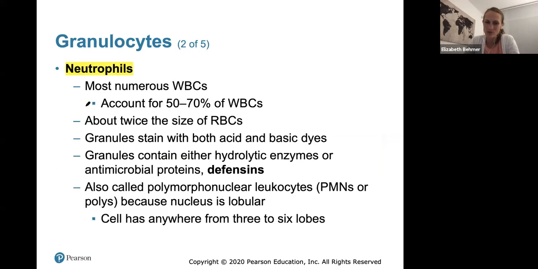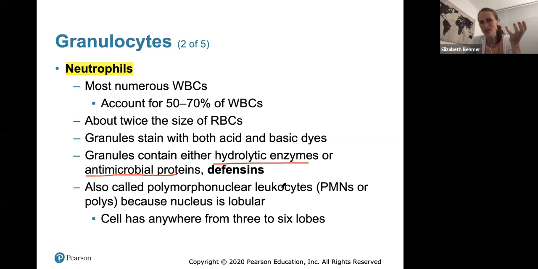So, get out your flashcard. Neutrophil, most numerous white blood cell. You should know that. It's about twice the size of a red blood cell. It has granules. It contains either hydrolytic enzymes or antimicrobial proteins. And the nucleus is lobular because it has multi-lobes to it.